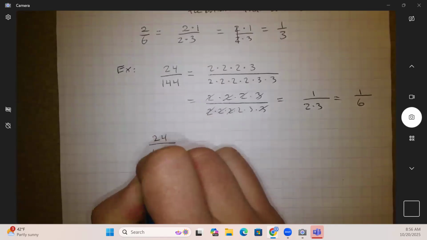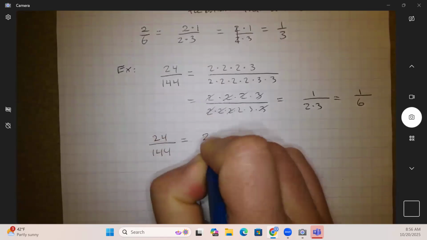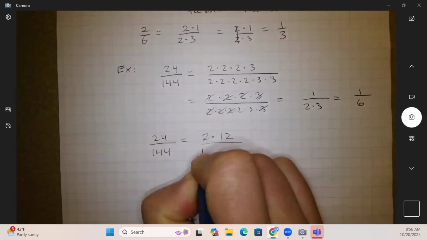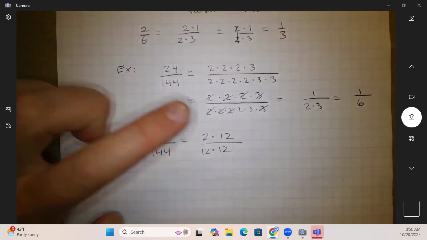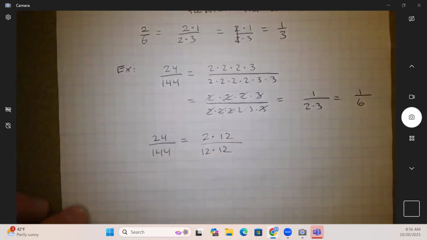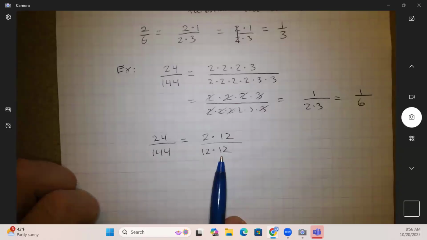And even though I really like prime factorizations, this might be a place where you use a different type of factorization as you are getting comfortable with numbers. If you happen to know that 24 is 2 times 12, you might think about, can 144 be written as a number times 12?